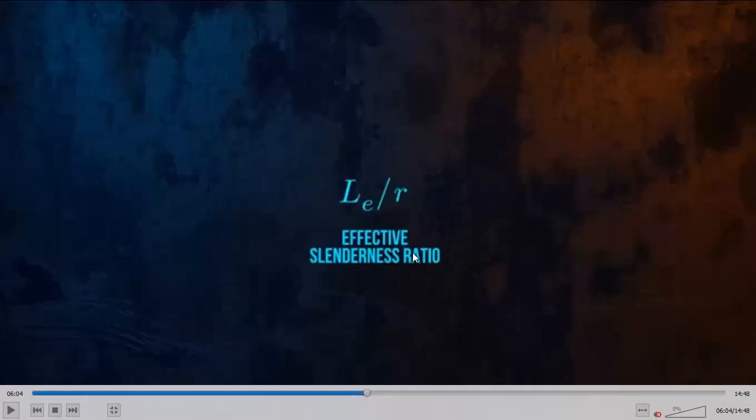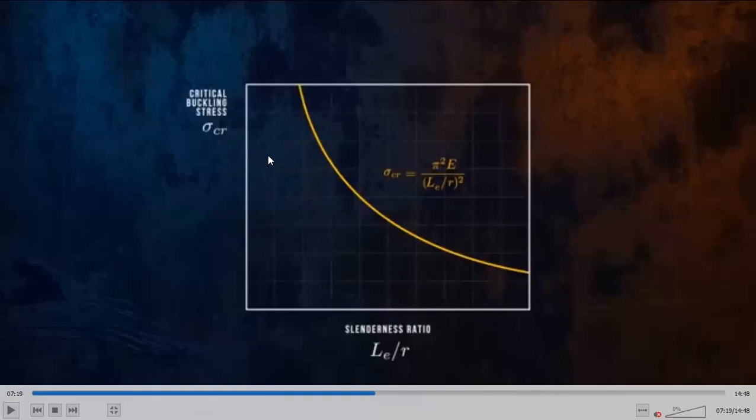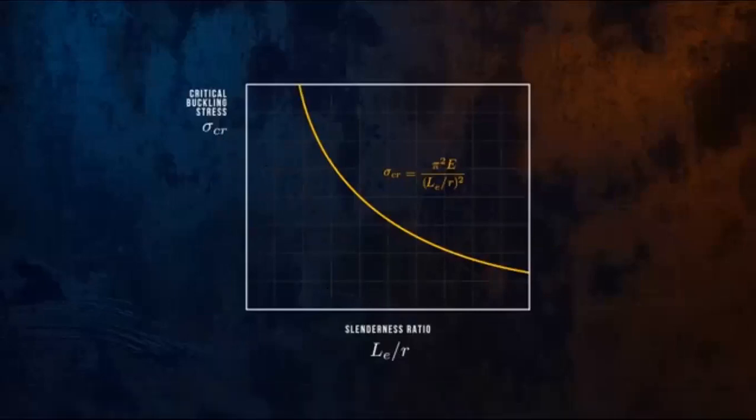We call this term the slenderness ratio, right? Effective slenderness ratio, LE upon r. So if we draw a curve, sigma versus LE over r, it would look like this.